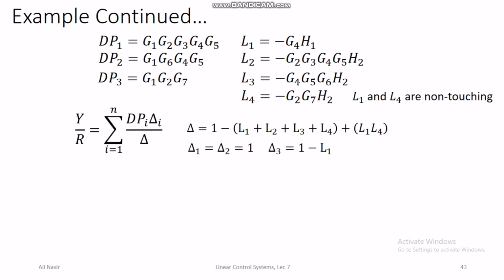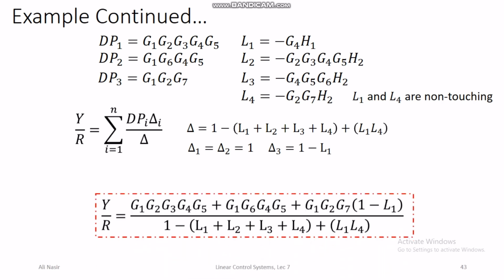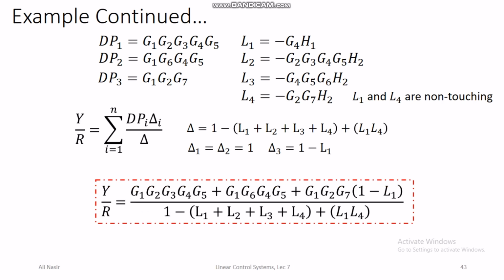I have copied some material from the previous slide on this slide so that you don't lose the continuity. So the transfer function becomes direct path 1 times delta 1, which is G1, G2, G3, G4, G5, plus direct path 2 times delta 2, which is G1, G6, G4, G5, and finally direct path 3 times delta 3, which is G1, G2, G7 multiplied by 1 minus L1.